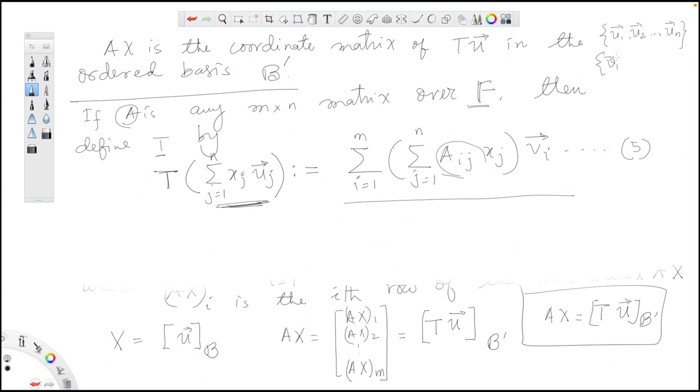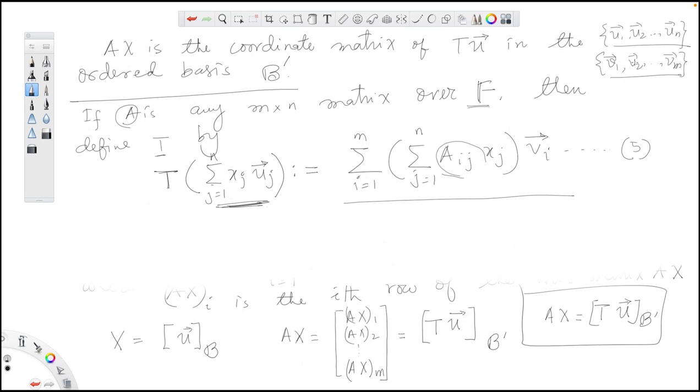Because v_1, v_2, all the way up to v_m is an ordered basis of the vector space W. So T defined this way is indeed a transformation from the vector space V to the vector space W, given these two ordered bases of V and W respectively.